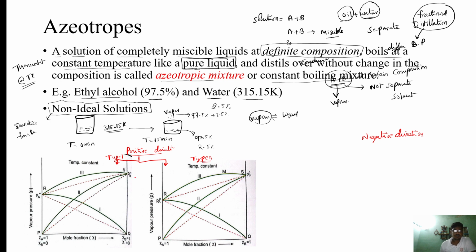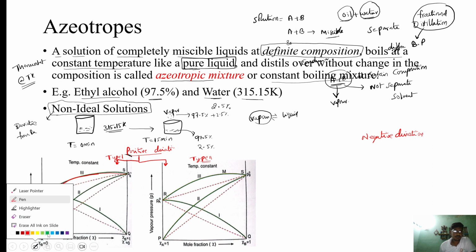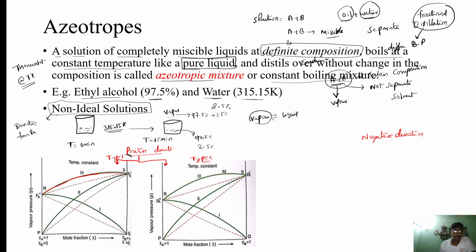The major difference between these two is, see this deviation curve. Here in the textbook they have given it a little wrong. Type 1 will not reach a maximum, meaning the deviation will be less than the vapor pressure of the pure liquid. Here the pure liquid B is this much.